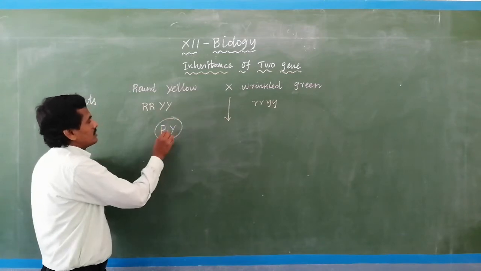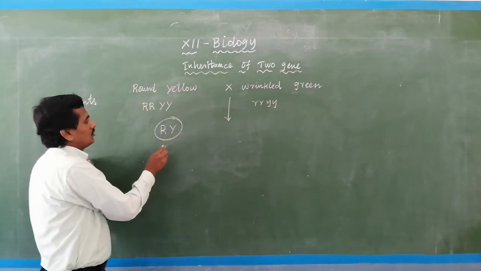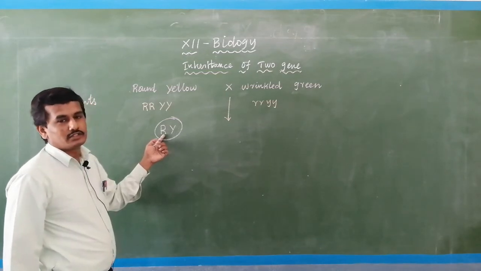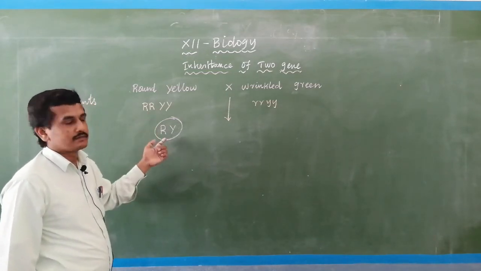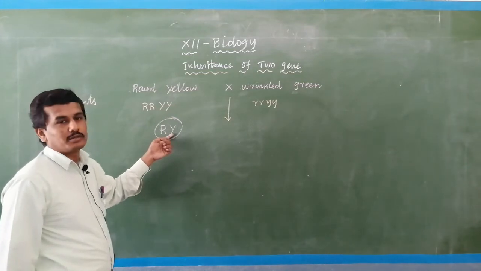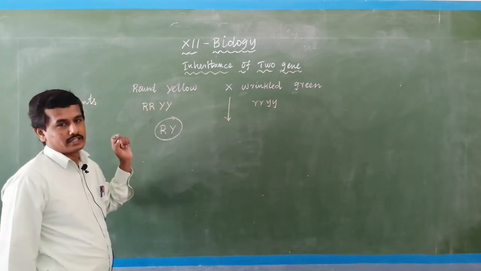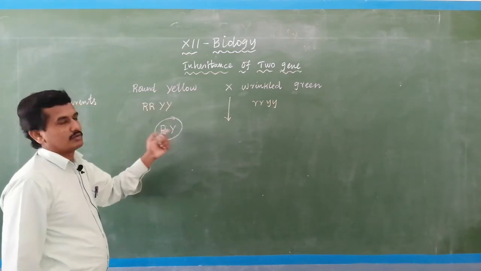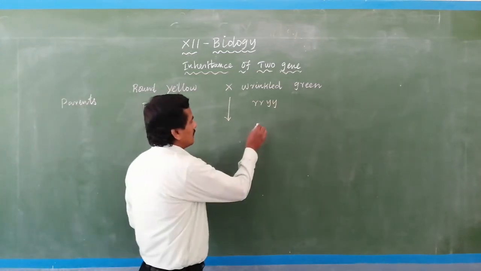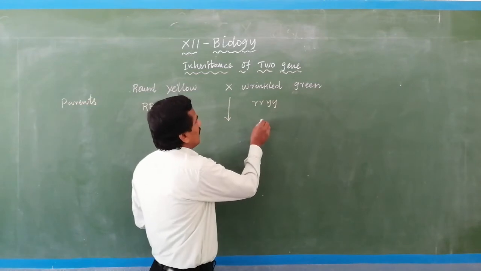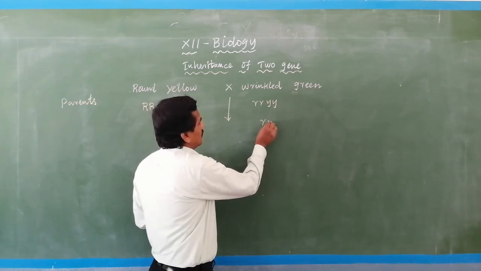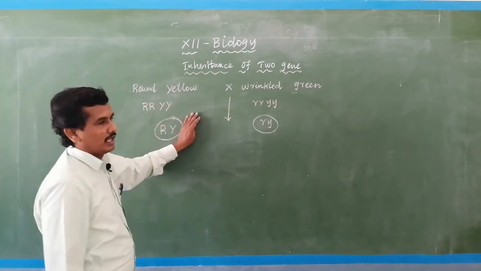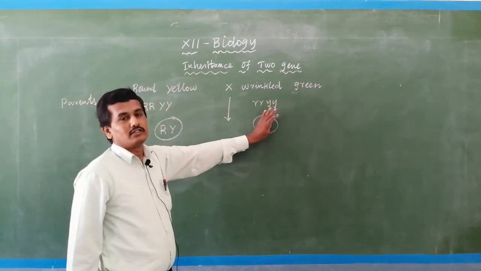So, in the gamete, the capital R gene is present, which represents the round character, and the capital Y gene is present, which represents the yellow character. And for wrinkled seeded and green cotyledon, small r and small y. Actually, one plant is considered the male and the other plant the female.